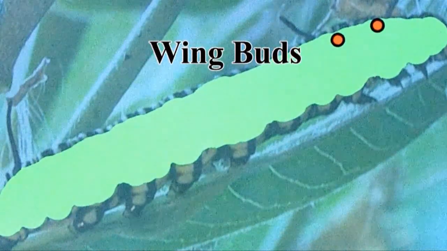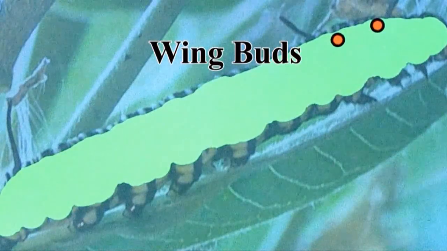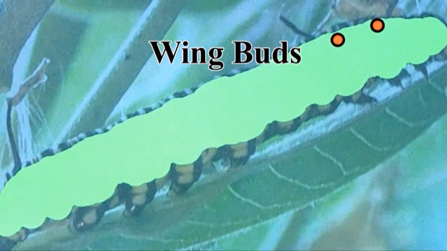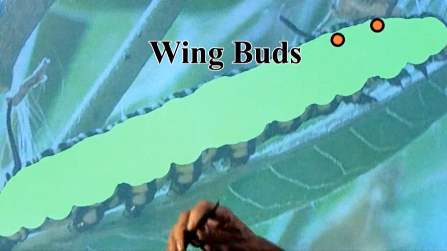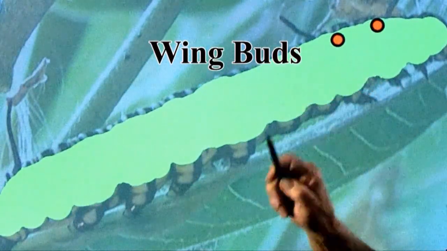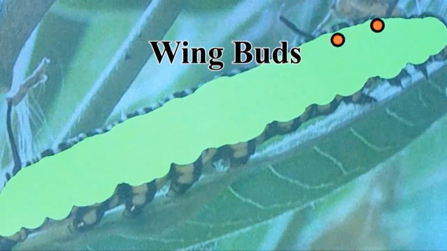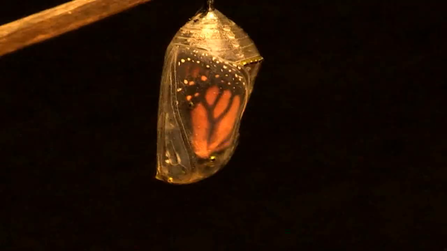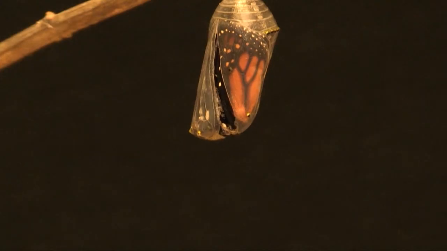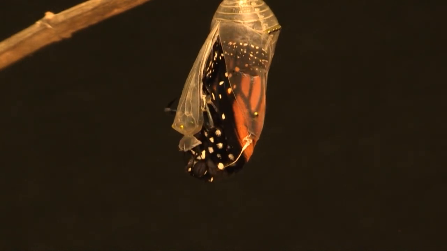This isn't a system, but these are wing buds. These are congregations of cells that are waiting their turn to develop into wings. So you have two pairs of wing buds in the caterpillar. They serve no function, but in the chrysalis, they will literally explode into the wings for the adult butterfly.